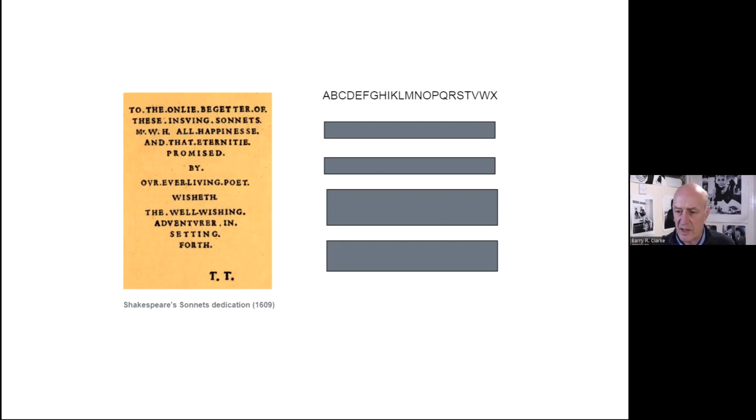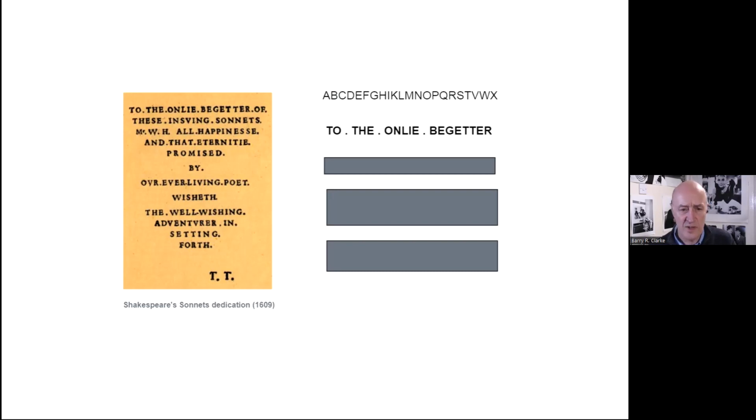Now, the suggestion here is that the puzzle is in 3 parts. So the first part is the first 4 words actually taken at face value, to the only begetter, which evidently means originator.